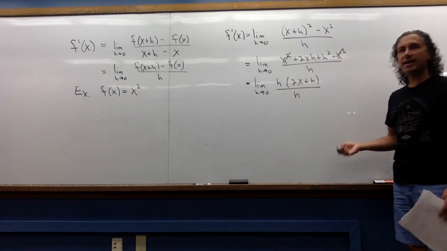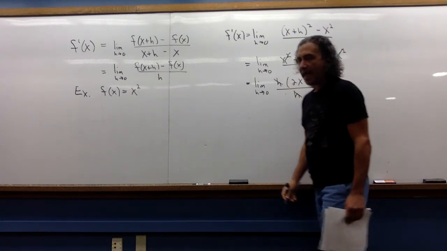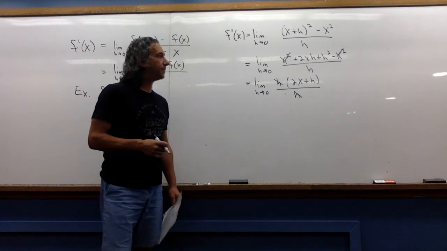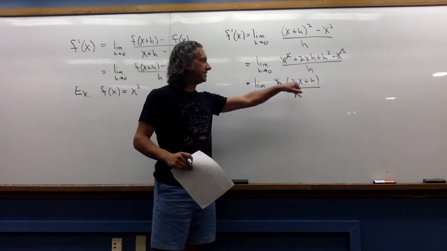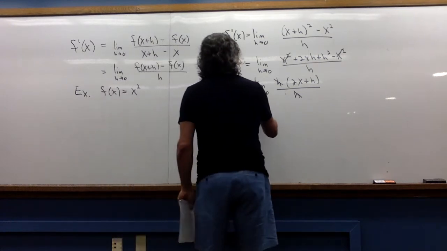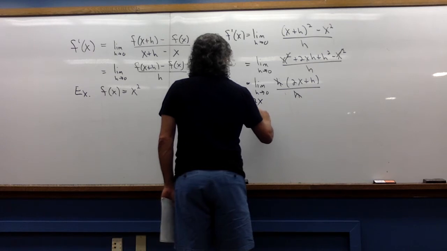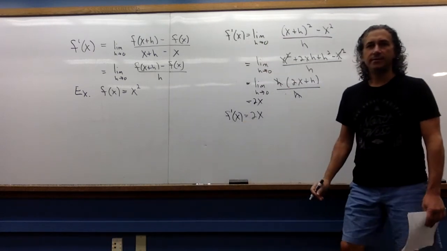We know that h is not 0, so I can cancel these guys. As h gets close to 0, x could care less. It's not affected by h. So 2x plus h gets closer and closer to 2x. So this tells me that f prime of x is 2x.